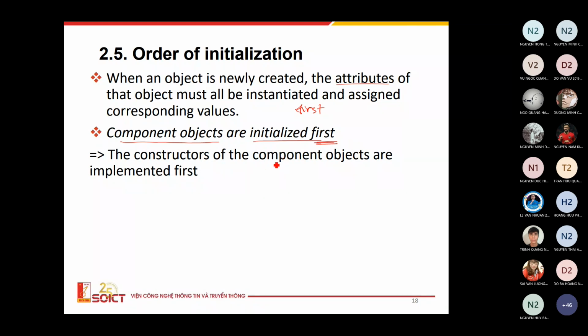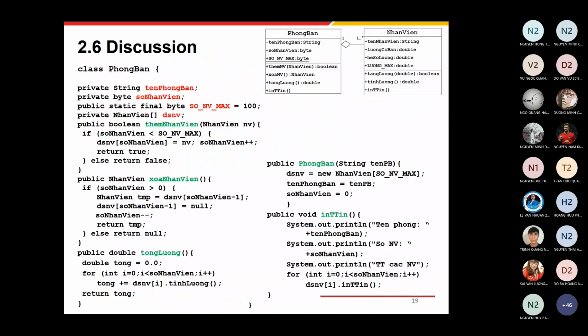The constructor of the component object will be called first. This is not hard to understand. You have a class which contains another object, so this object has to be initialized first, and then you initialize the object of this class.